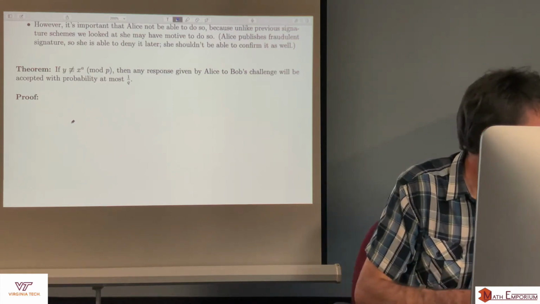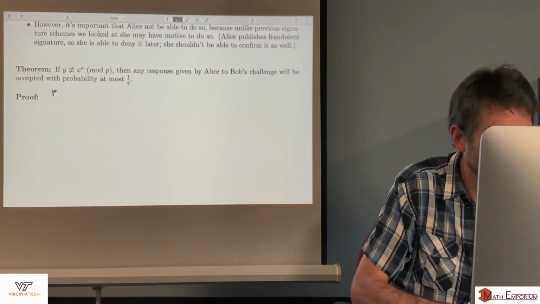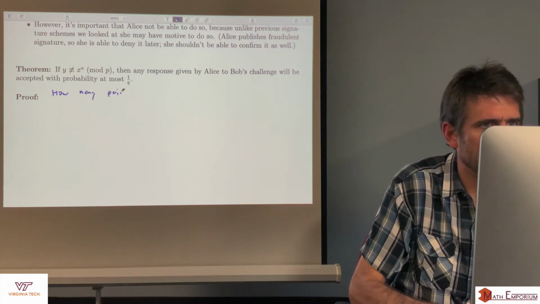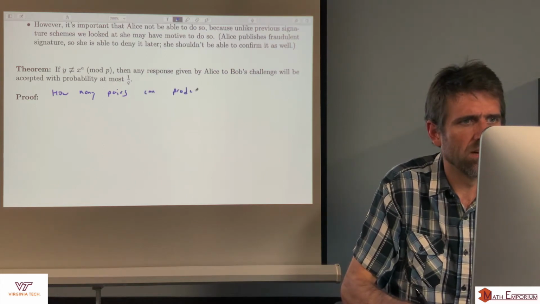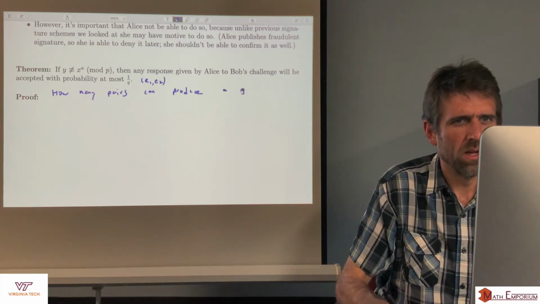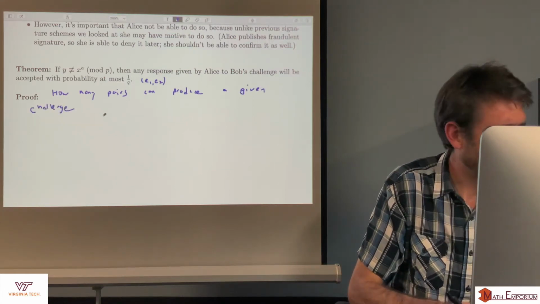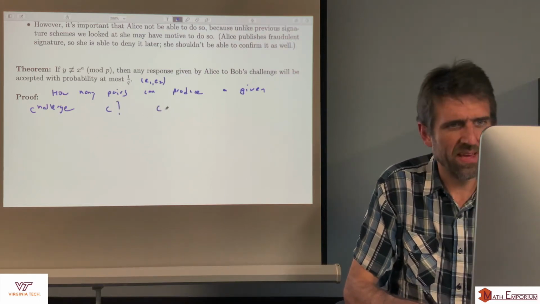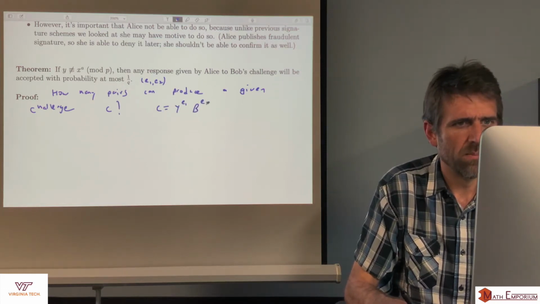The first thing we're going to do is ask how many pairs of exponents, e1, e2, can produce a given challenge, c. And remember, c is y^e1 beta^e2.